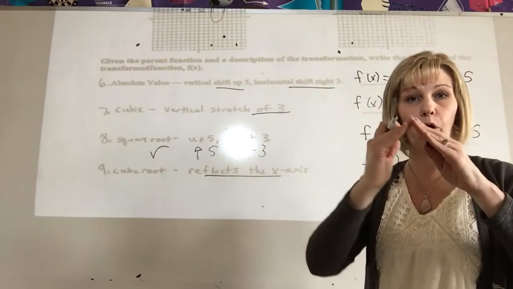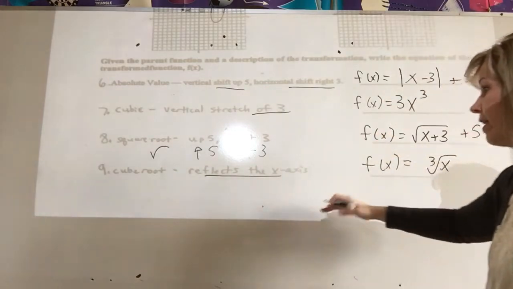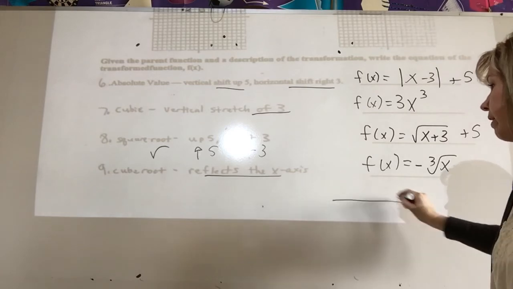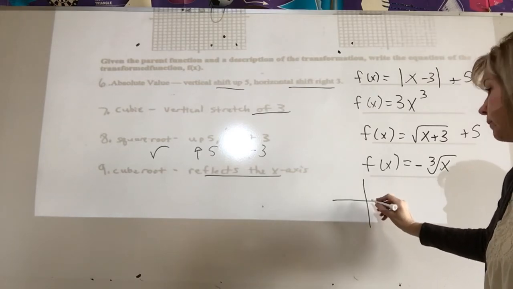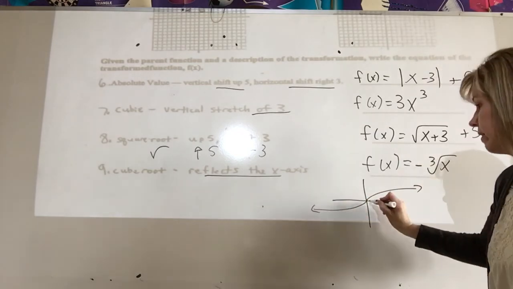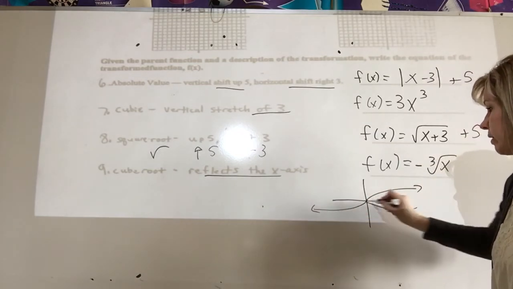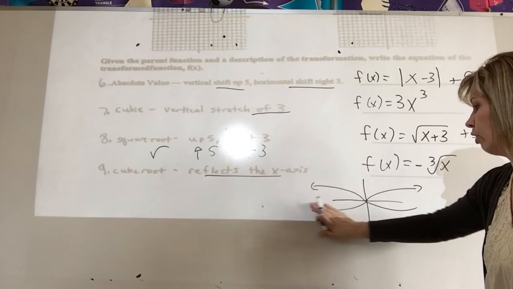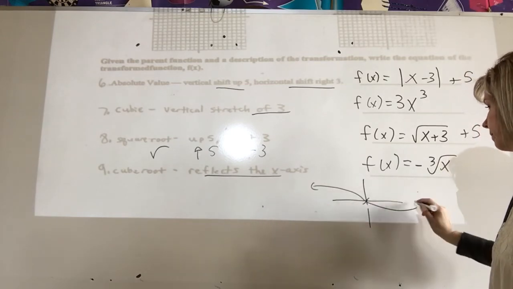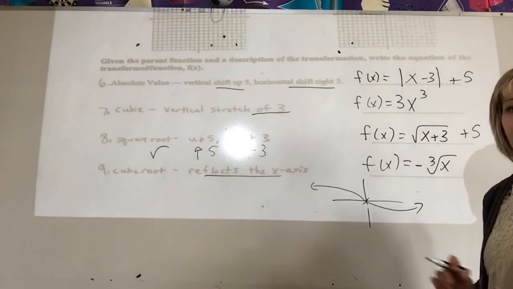If it reflects, it opens down. So this time you just put the negative out front. So if you think about what the cube root function looks like, and if you see that it reflects, it's going to look like this. It'll be this function right here, if it reflects over the x-axis.